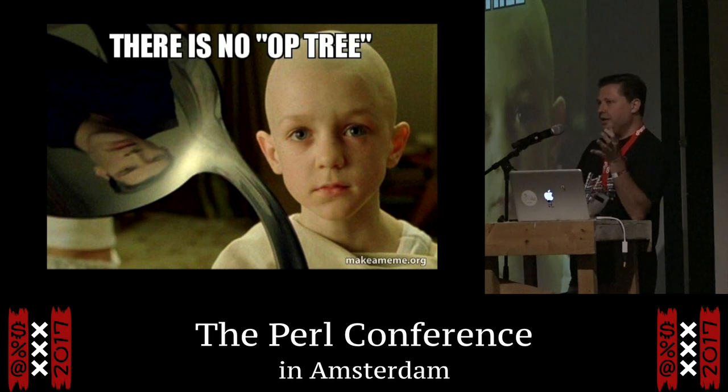There's no monolithic tree per se for all of your operations. You do have a special CV called main CV, which is your main program that gets run when you start up. But beyond that, it's just main CV invoking other CVs eventually off of the stash.